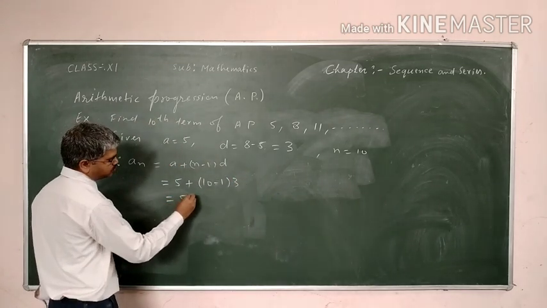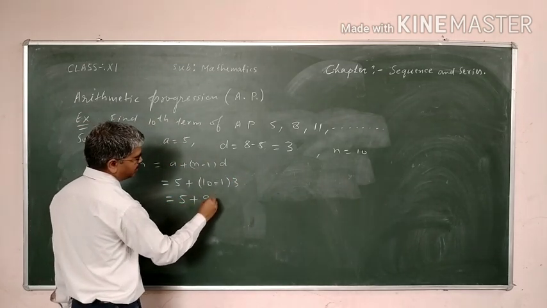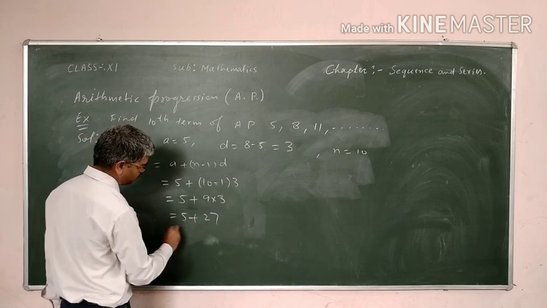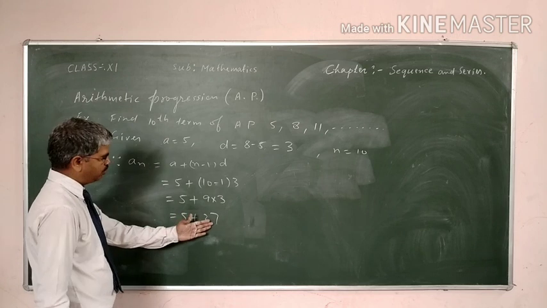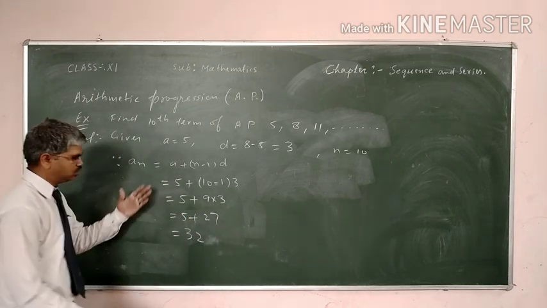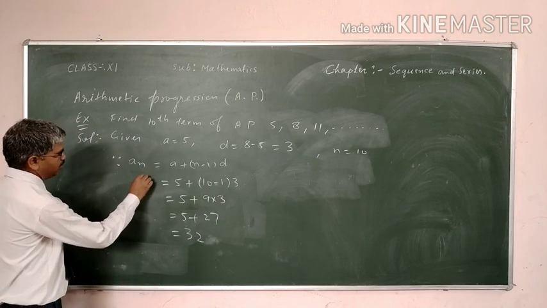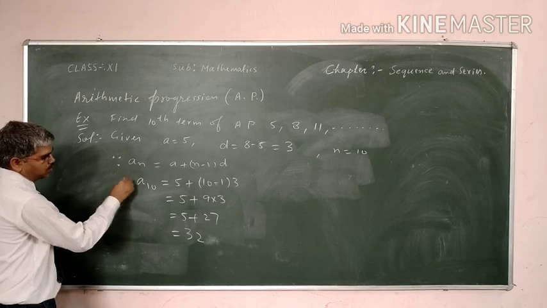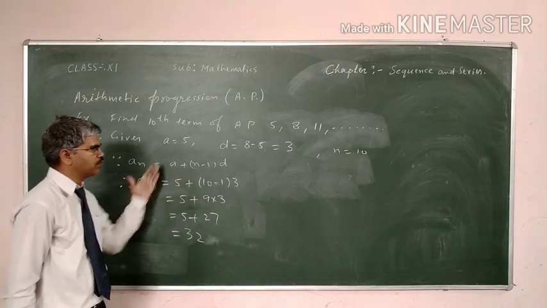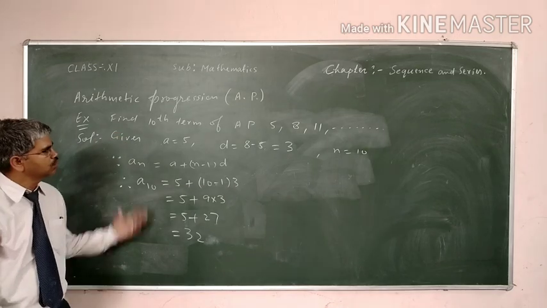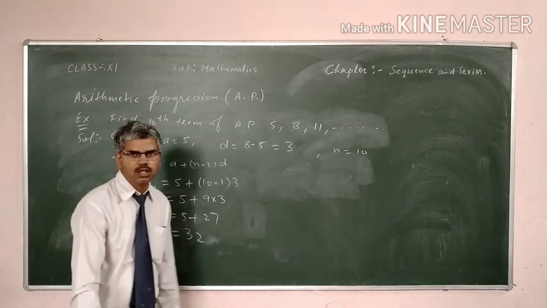So what is the result? 5 plus 9 into 3, 5 plus 27, adding 27 and 5, we get 32. So this is A10. In the formula we have substituted the values of the different numbers.